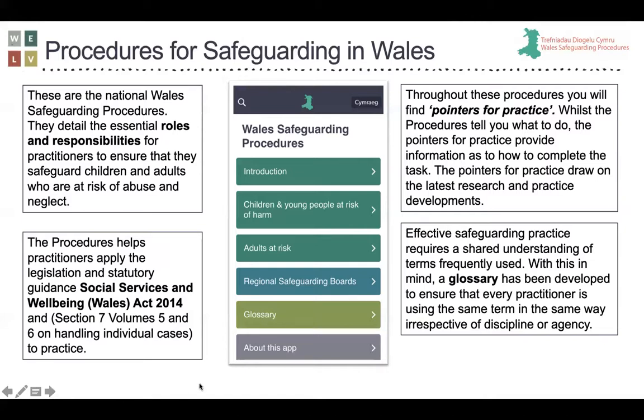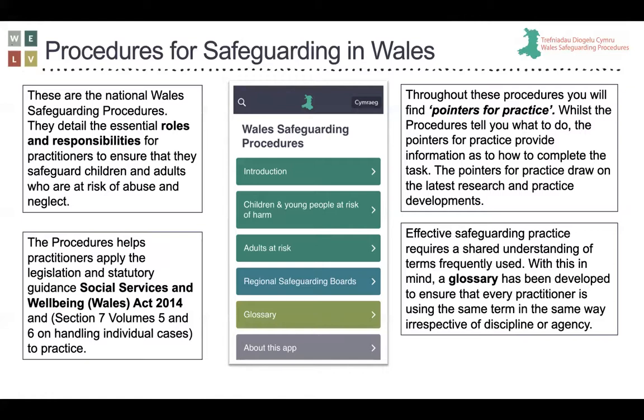It's really easy to miss the glossary when we enter into the procedures, but it is important that everybody takes the time to familiarise themselves with the glossary and in particular the terms that are being used.